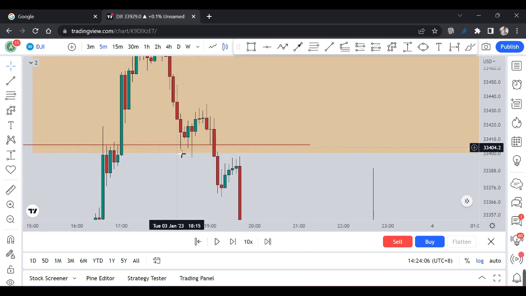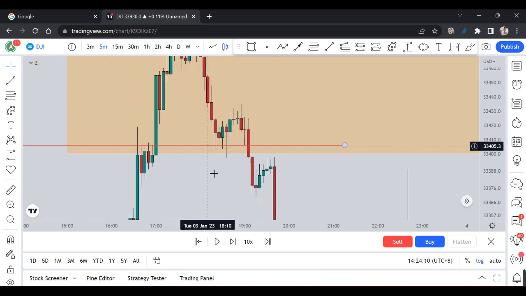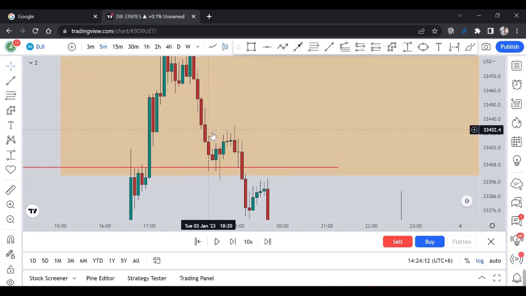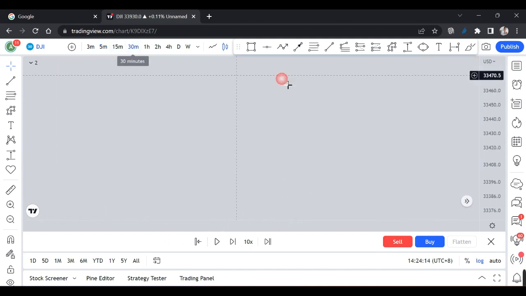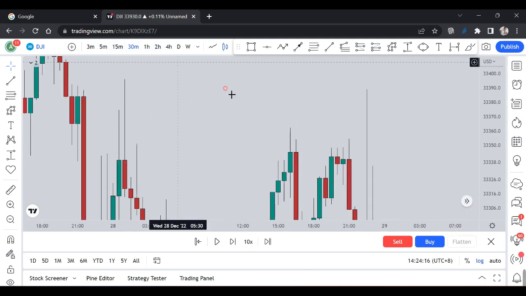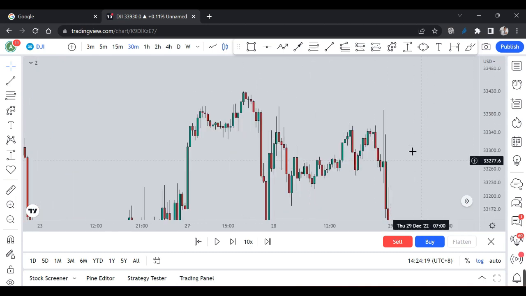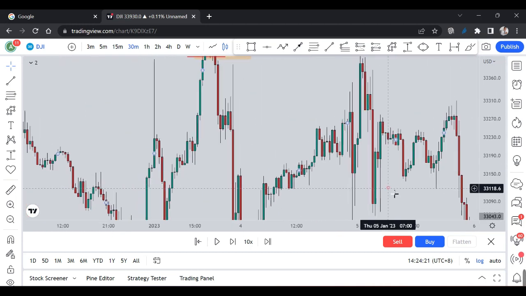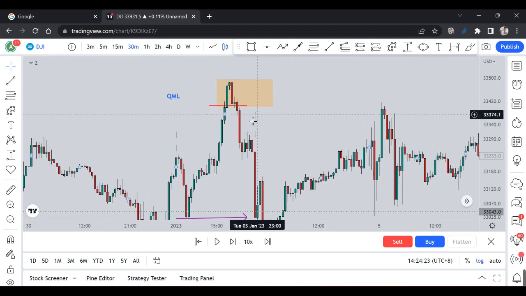It's very well cited. So out of the two zones on the 30 minutes, you already know which one to choose. Sorry for that, I'm not very good with TradingView.